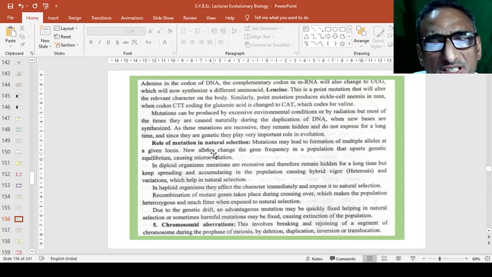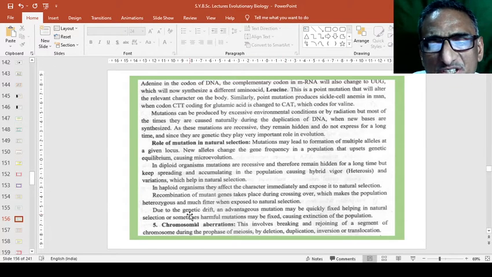So the role of mutation in natural selection plays a key role in the changes, because the formation of multiple alleles shows mutation. In diploids, mostly recessive mutation occurs, so the characters are not expressed very well. In haploid organisms, they affect the characters immediately.